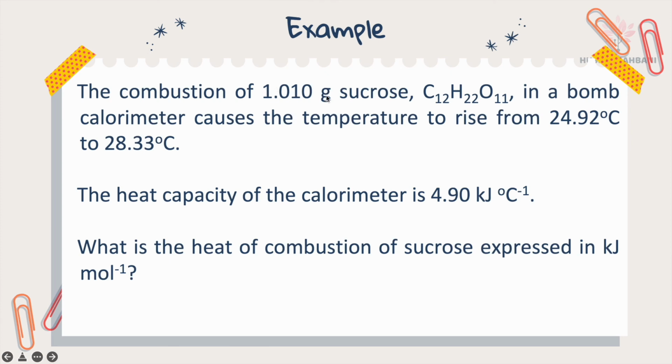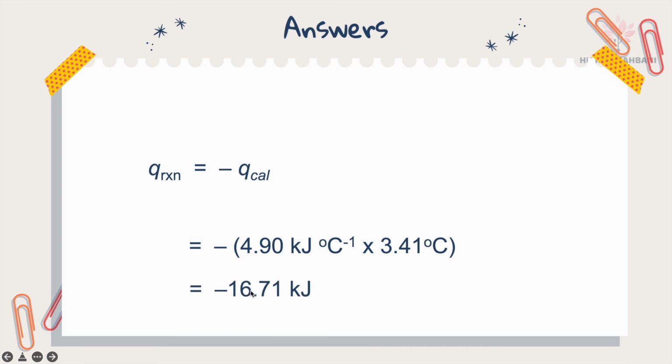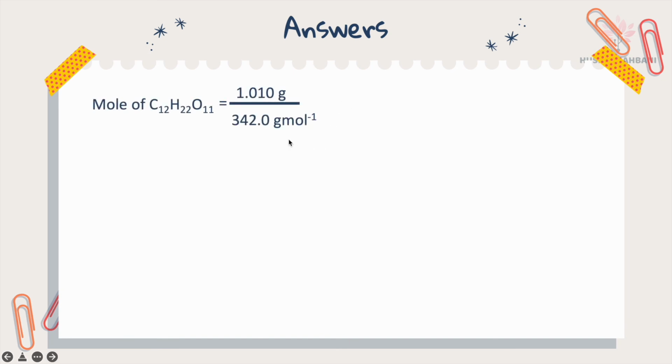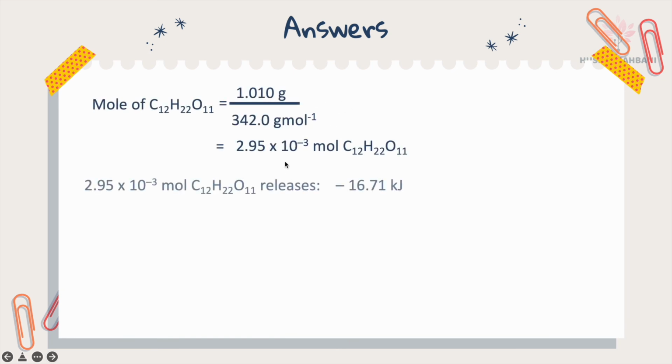If you want to know for how many mole, you have to divide the mass by the molar mass. This 16.71 kilojoule is for 2.95 times 10 to the power of negative 3 mole. So this amount of heat is released when you burn 2.95 times 10 to the power of negative 3 mole of C12H22O11.